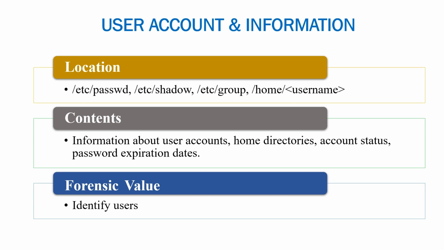Next are home directories, account status, and password expiration dates. In terms of forensics, it helps to identify the users who are active on the system, their privileges, means their roles, compromised accounts, and also unauthorized access attempts.